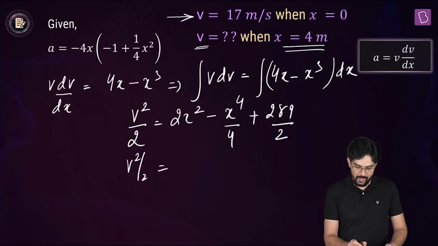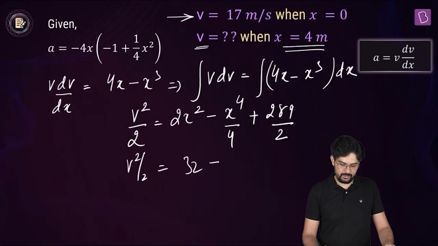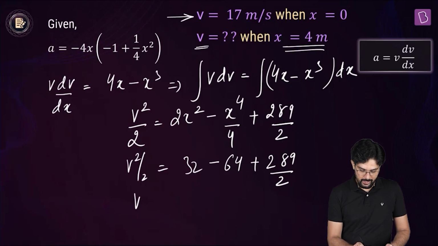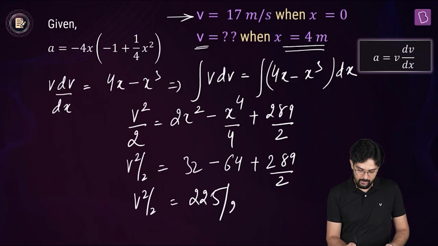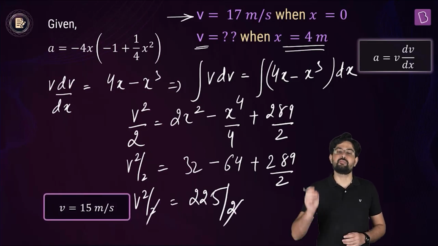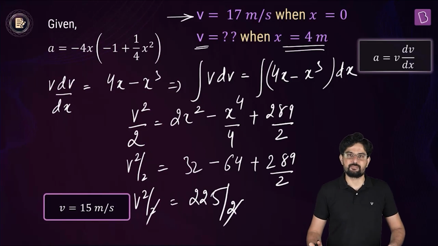On the right hand side, we have 32 minus, and how much is this? This is 64 plus 289 by 2. So you will get v square by 2 is equal to 225 divided by 2, and the value of v comes out to be 15 meter per second.